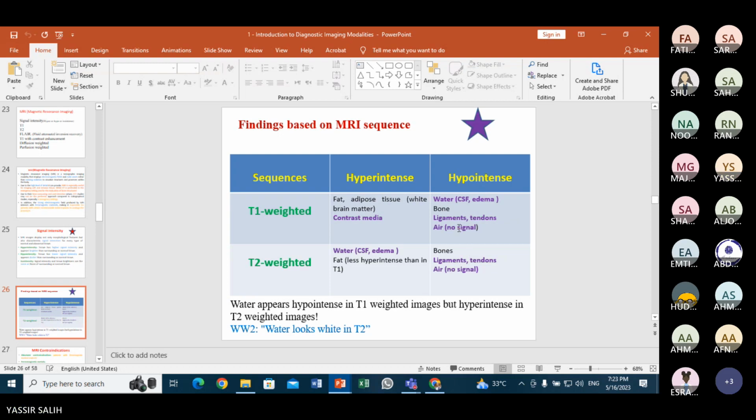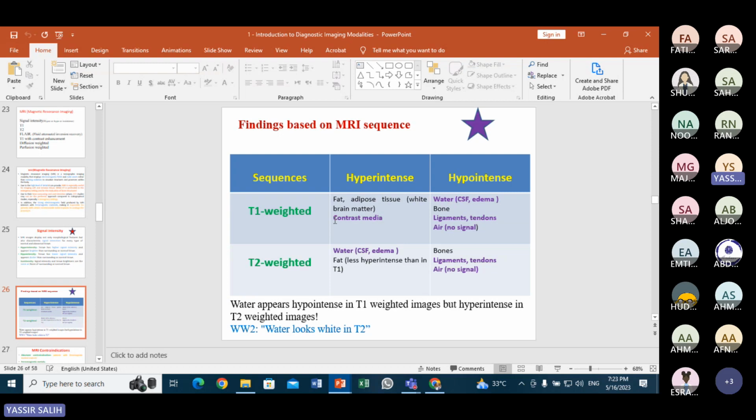Air has no signal, black on T1 and also no signal in T2. So ligament, tendon and air have the same appearance, hypo in T1 and hypo on T2.